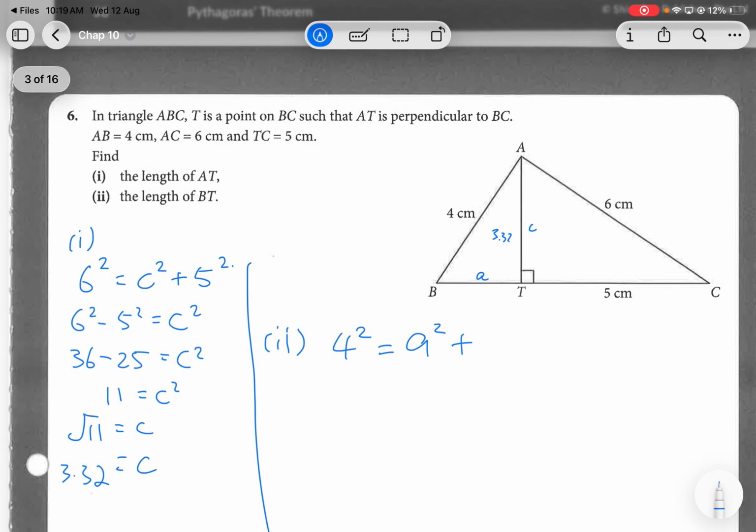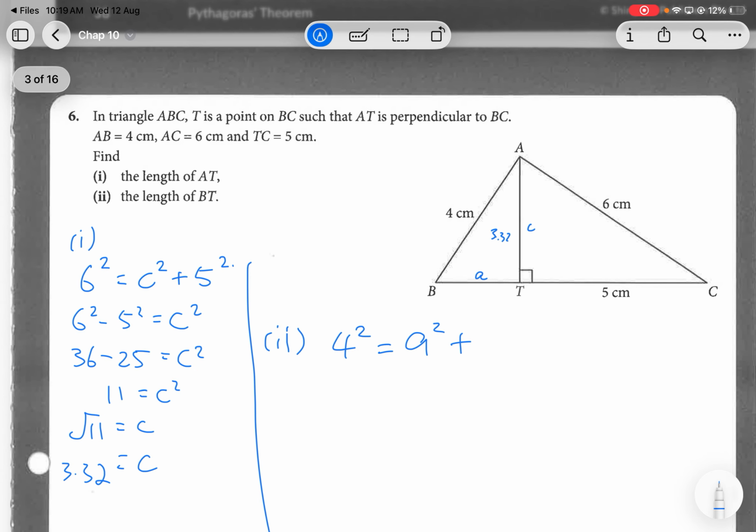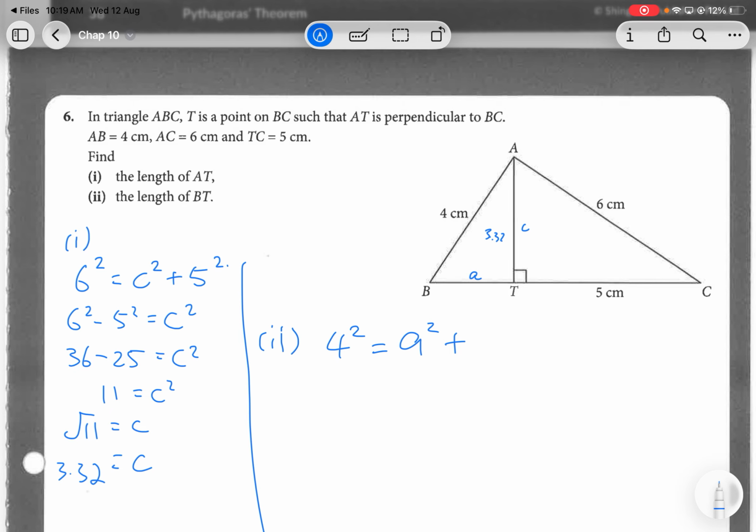I look at this PQR right angle triangle. What is the relationship? 47 squared equals, let's name this R, R squared plus 30 squared. So R squared equals 47 squared minus 30 squared.